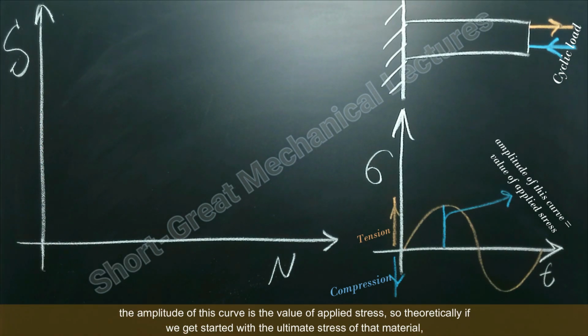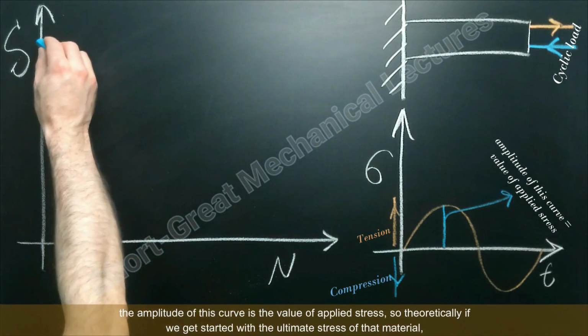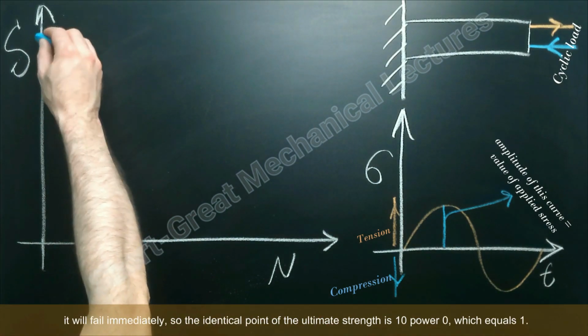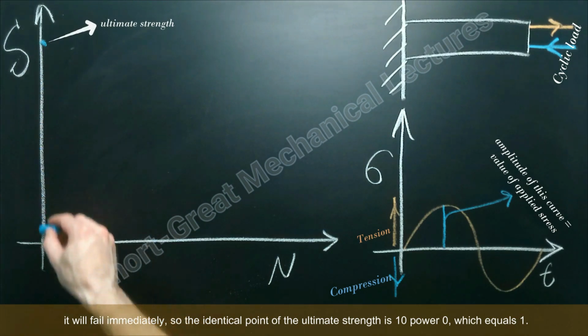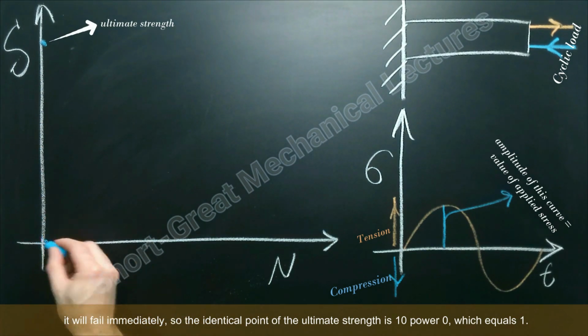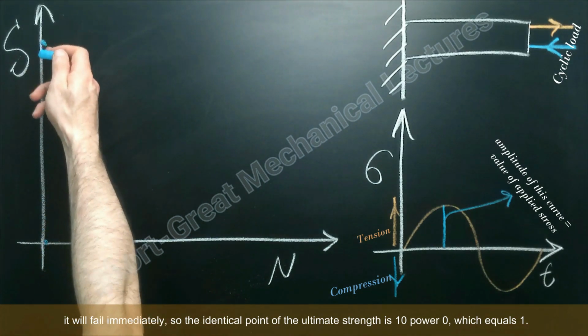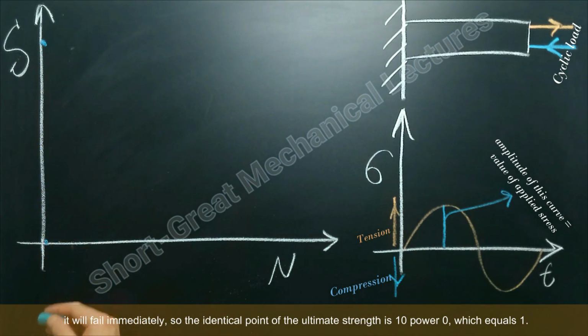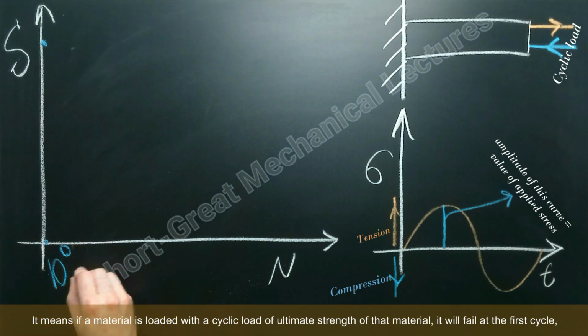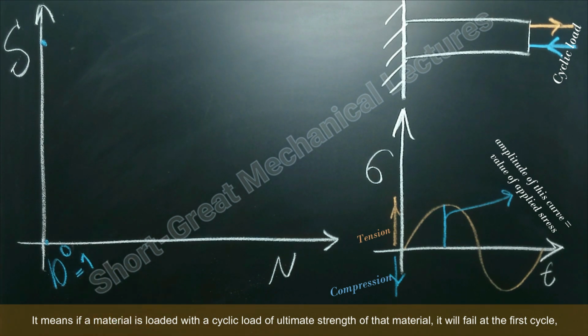So theoretically, if we start with the ultimate stress of that material, it will fail immediately. It means the point of the ultimate strength is 10 to the power 0, which equals 1. If a material is loaded with a cyclic load equal to the ultimate strength of that material, it will fail at the first cycle.